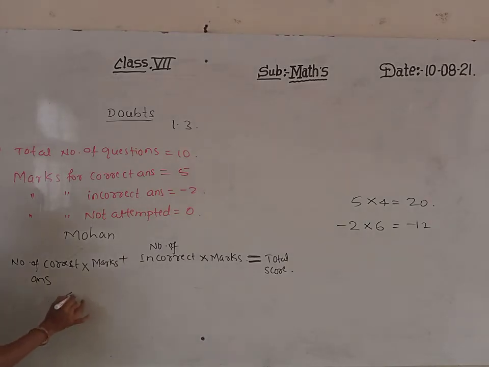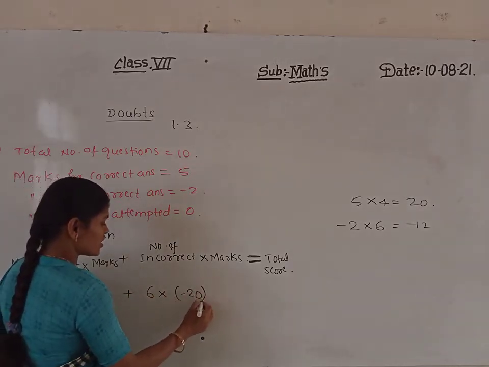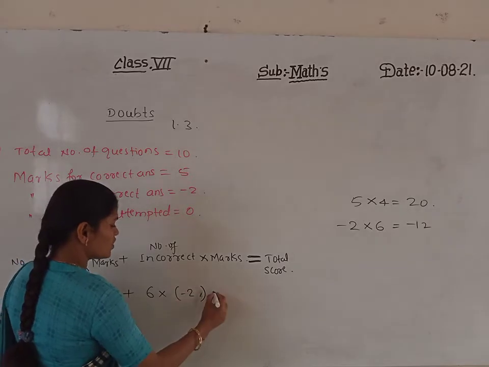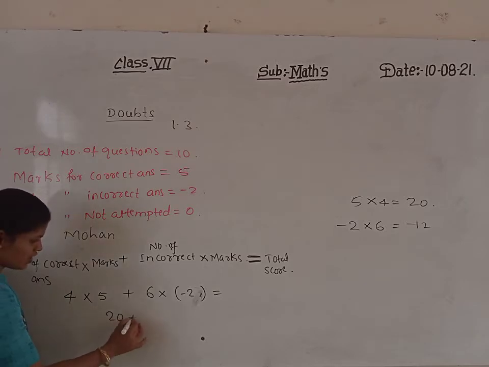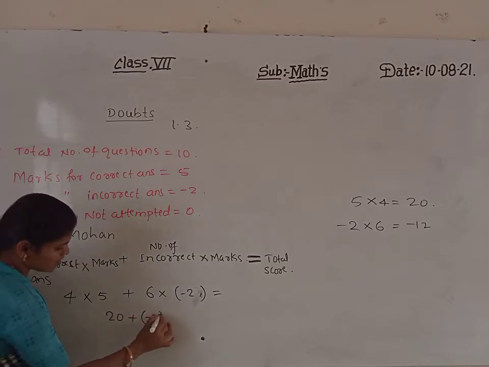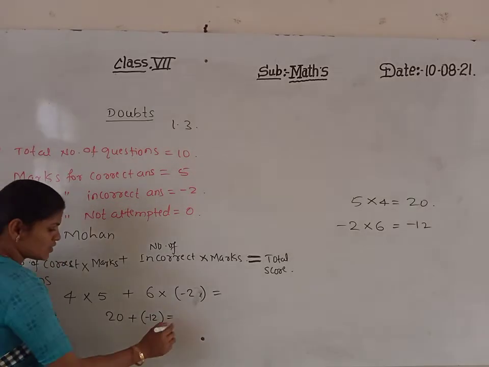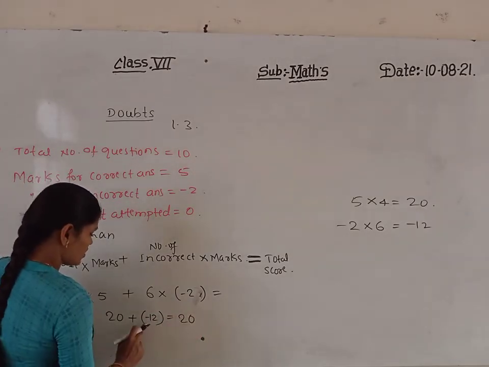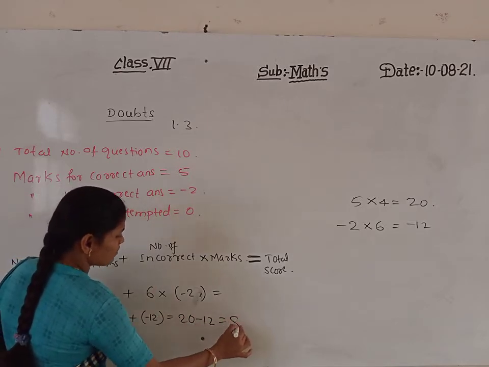So the same way we enter here: number of correct answers 4, marks for each correct answer 5, plus number of incorrect answers 6, marks for each incorrect answer minus 2. It gives our total marks. 4 5s are 20 plus 6 minus 2s are minus 12, so 20 minus 12, 8.